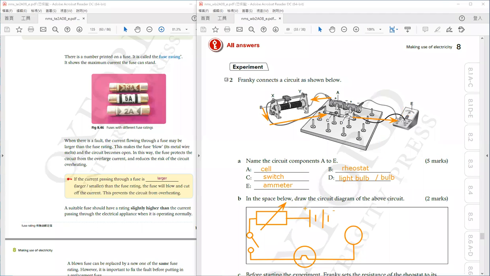From light bulb to the ammeter, ammeter back to the battery. Therefore, we draw an A here and draw back to the negative pole. Okay, that's it.